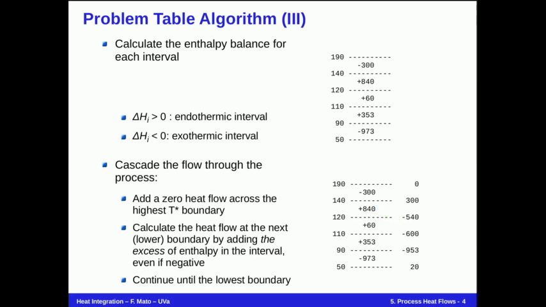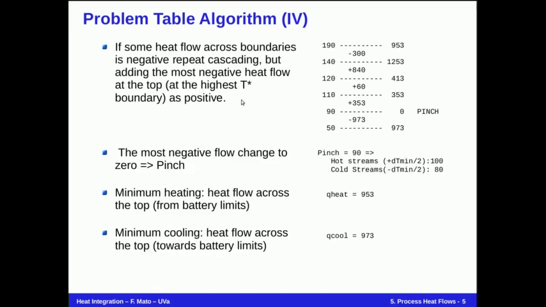The cascade in this example is not feasible because some flows are negative. Heat would have to pass from low temperature below to high temperature above, and this is not spontaneous. In order to make the cascade feasible, every flow must be positive.